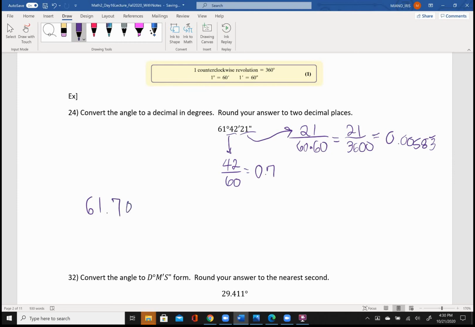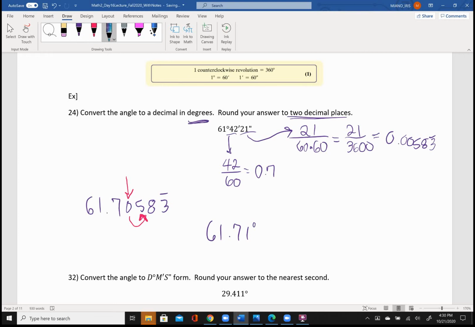Then it's 0.583 with a vinculum. Oh, but wait, we're going to round to 2 decimal places, so how does that go down? Well, you want to check in with the second decimal place that you're rounding to, and then also look at that neighbor. That neighbor is a 5, so that's going to bump that 0 up to a 1. So your final answer that you should be boxing up here is 61.71, and then don't forget that the units are in degrees.